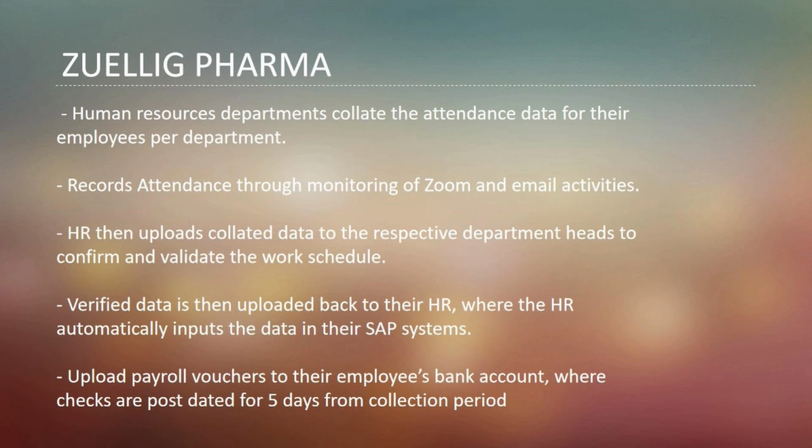But due to the pandemic, attendance is recorded via online presence in their emails and Zoom activity, which is then recorded by HR. HR then uploads the collated data back to their respective department heads to confirm and validate the work schedule, writing e-signatures for confirmation of other employees, giving overtime or penalties for work absences.